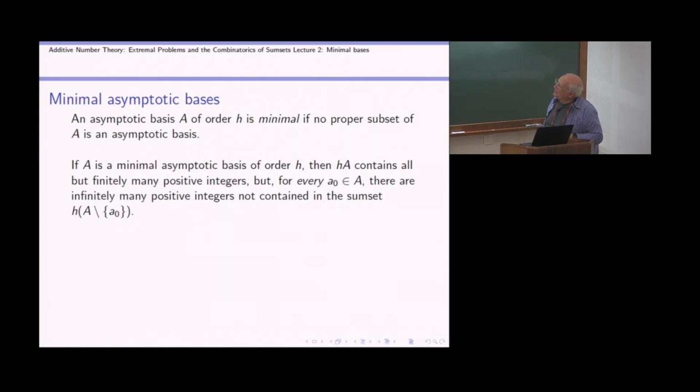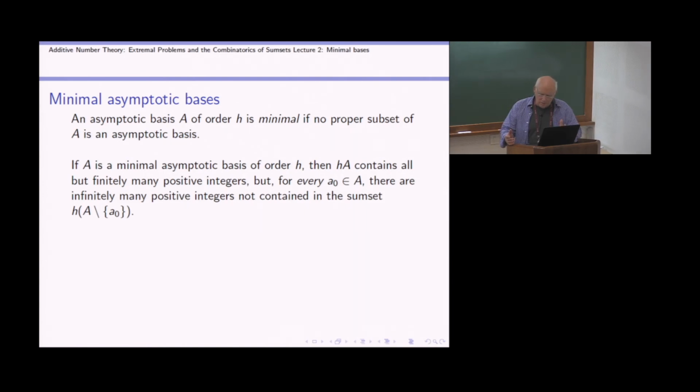Now, there's another notion of smallness for asymptotic bases, and it's the following. We say that an asymptotic basis is minimal if no subset is an asymptotic basis. This is a little bit subtle. An asymptotic basis just means every number, with a finite number of exceptions, can be represented as a sum of h terms.